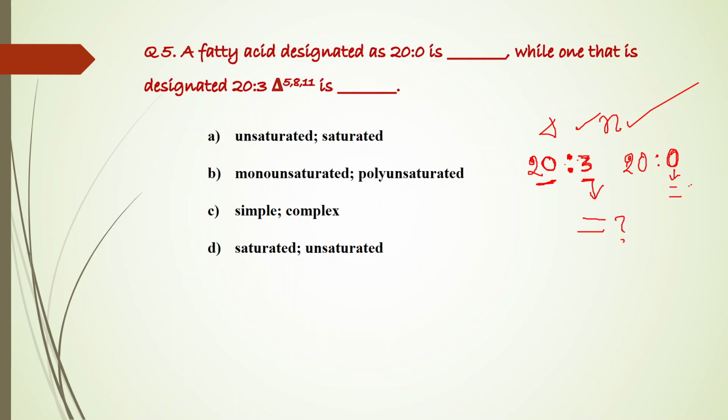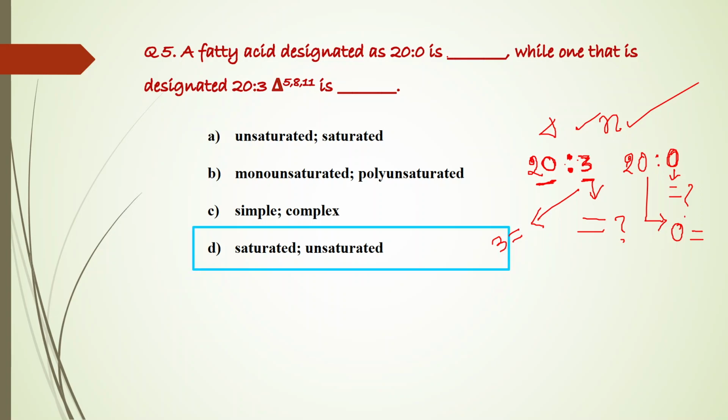That means in case of 23 we have 3 double bonds, but in the case of the fatty acid designated as 20 we have 0 double bonds. That means this fatty acid does not have any double bonds in the long hydrophobic chain. That means it is completely saturated. So this option should be saturated.